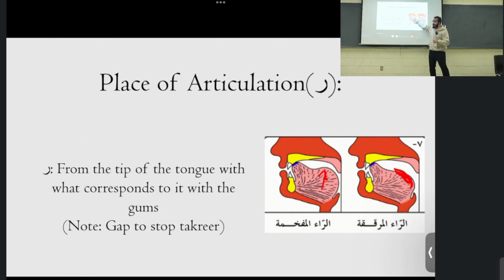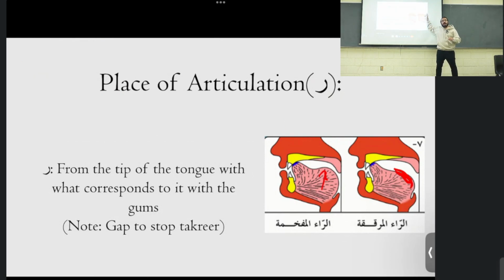So when you say ar-ra, when it's heavy, ra, rabbuka, obviously I'm exaggerating, the back of the tongue goes up. When you say ri, or sukoon, fir, the back of the tongue is just straight. Okay? You can ignore that part, but this theme will come a lot today.